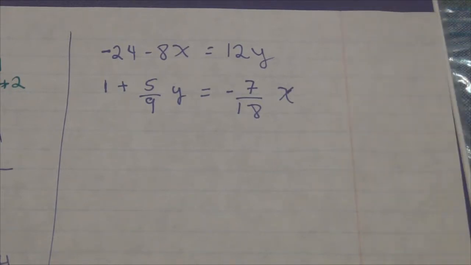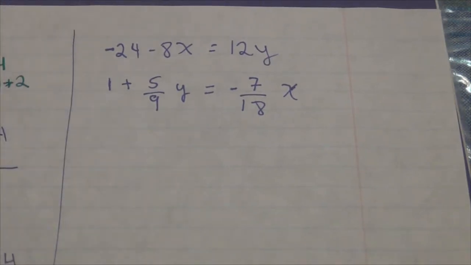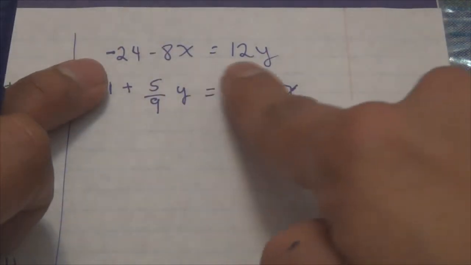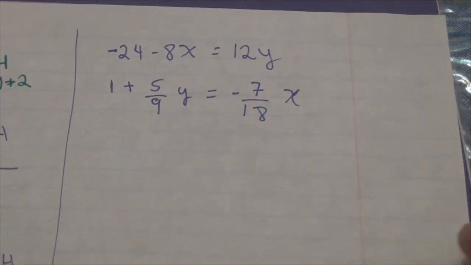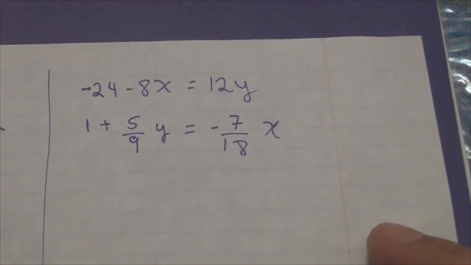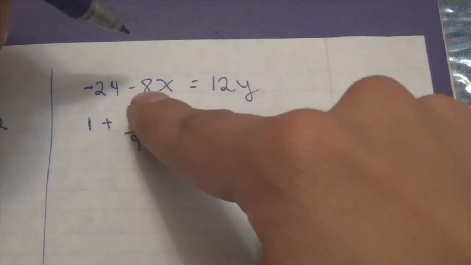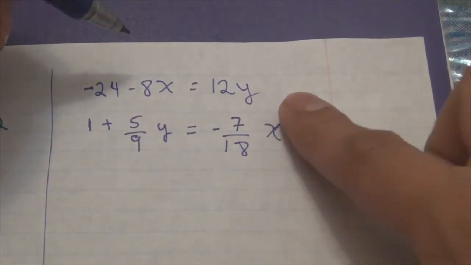Choose the variable that you want to eliminate. Okay? Oh wait, you cannot choose. First of all, they're not in standard form. So let's put them in standard form. All I gotta do is move this negative 8x to the other side.